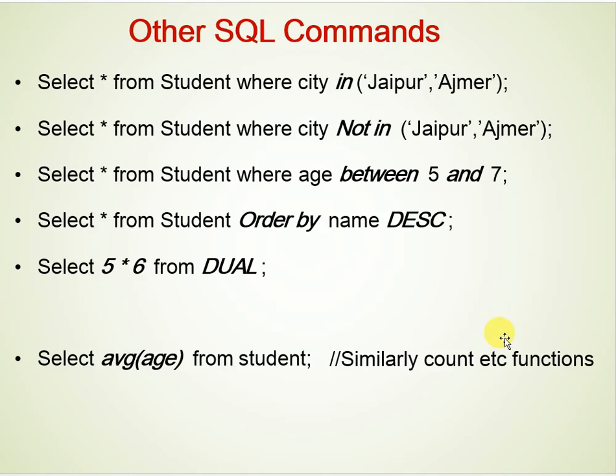If you want to display the records in ascending or descending order, see here, select star from student order by clause. You can use this to display the records in ascending or descending order. Order by name DESC means descending order, and if you want to display in ascending order, then you can specify ASC. Select star from student order by name ASC.